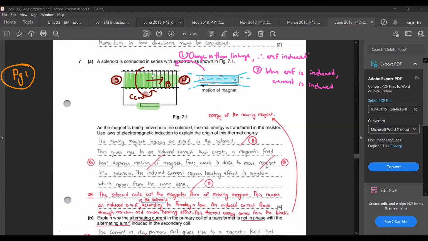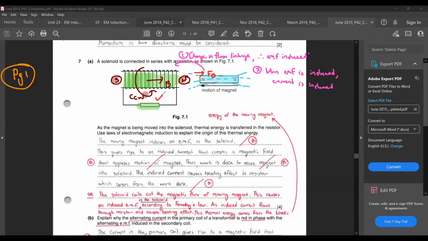This induced current flowing through my solenoid will cause a magnetic field to be produced inside the solenoid itself. So when you try to push in your magnet any further, there's something opposing your magnet from going in, right? Isn't this opposing your increase in flux linkage? Isn't this opposing your flux change that caused the induced current in the first place? So this one is actually correct, right?